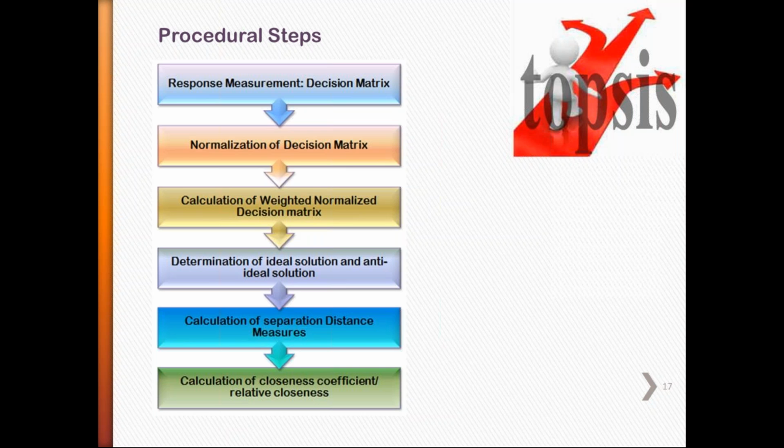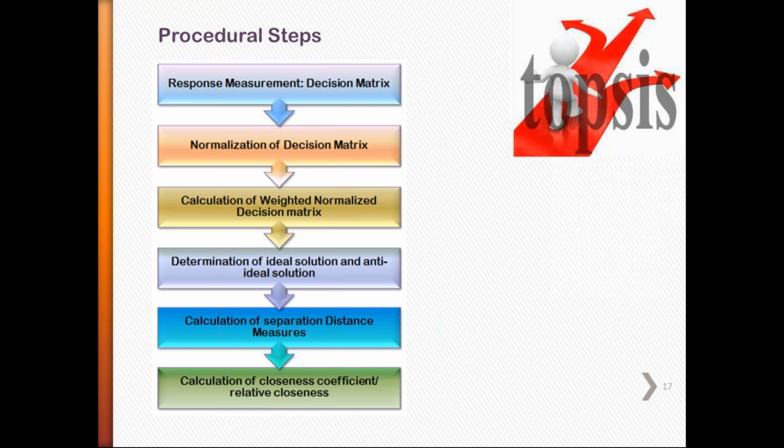Then comes calculation of the weighted normalized decision matrix. Normalized values need to be computed and multiplied with the corresponding criteria weight. So priority weight may be assigned at this stage.